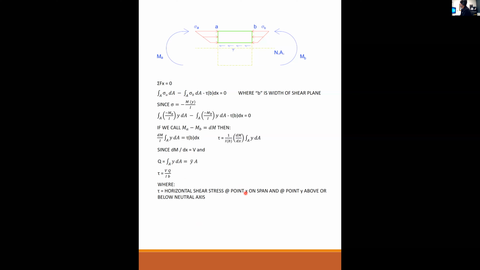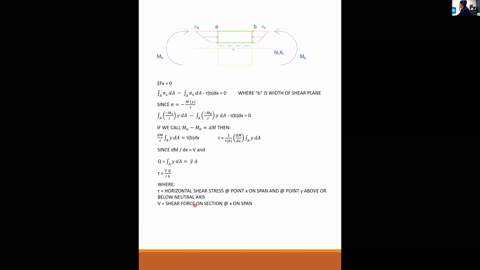So somewhere on the span X is where we're evaluating this, and it's at some point Y above or below the neutral axis. So it actually has to be located by two coordinates. It's somewhere on the span and it's somewhere up or down in the section.